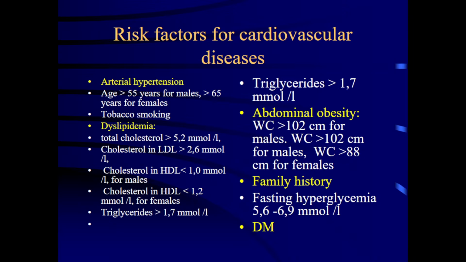Of course, we know that age is also of great importance. In elderly people, metabolic syndrome occurs more frequently than in young. And abdominal obesity is also characteristic for metabolic syndrome.